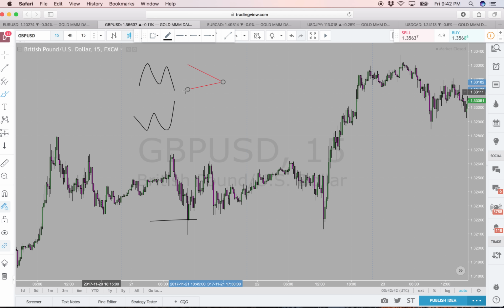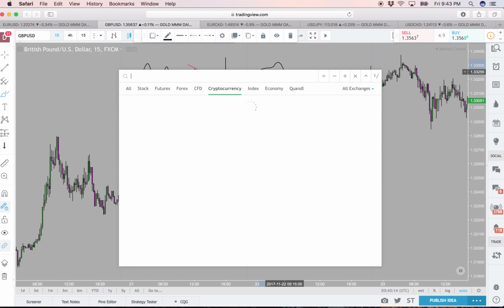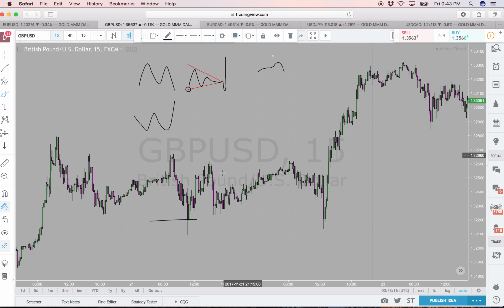The wedge formation will form, and the first leg of either the M or the W will be the low of the wedge, or the start of this wedge, right? And then the breakout of the wedge will be the second leg of the W or M formation, depending on what you are trading. So here is an example of this.